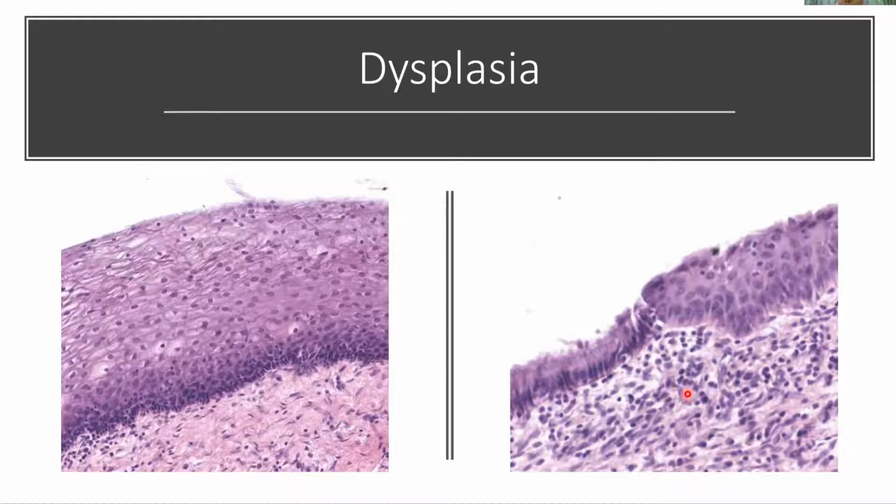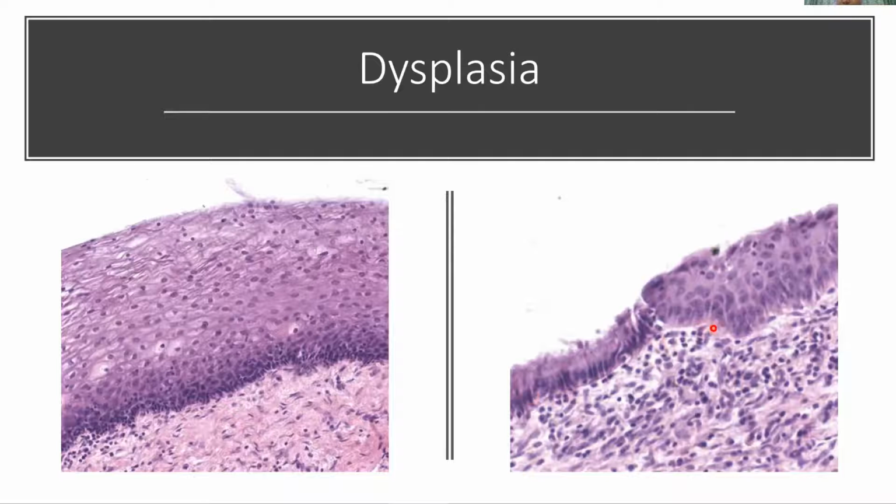Let's compare these pictures. This is a normal ectocervix. Here you can see the dysplastic areas. Why do we call this dysplastic? Because, first, the arrangement of the cells is already disorganized. Compared to here, where the orientation is in the basal areas and the whole architecture of the cells is similar.